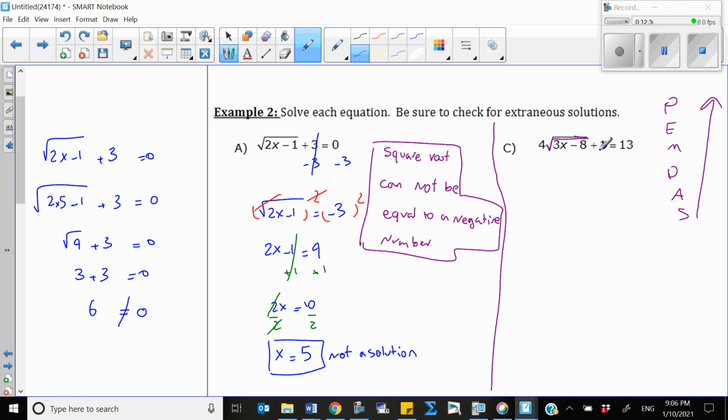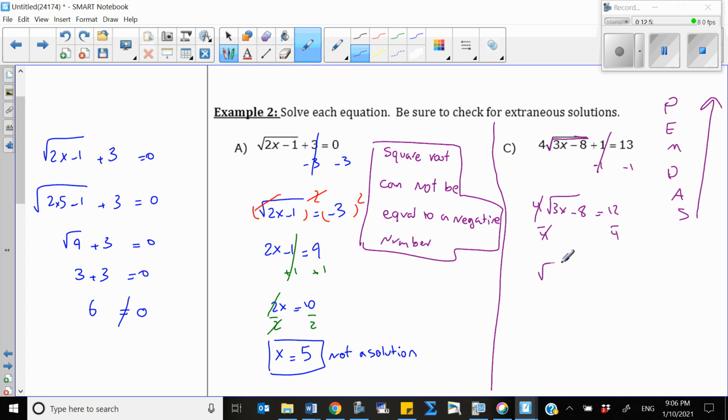That means I need to get rid of this 1 first. So I subtract 1 from both sides. This will be 4 times the square root of 3x minus 8 equal to 12. Then I'm going to divide both sides by 4.